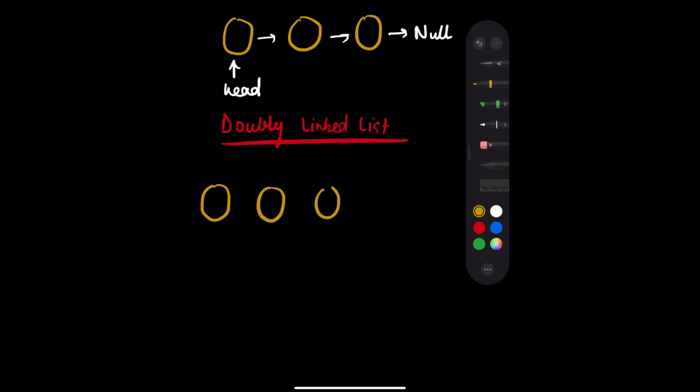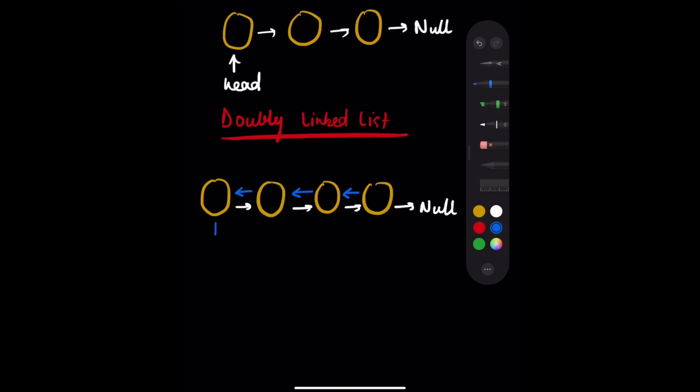There are nodes in the list. Each node points to the next node, and the last node points to null. At the same time, each node stores a reference to the previous node as well. So the last node will point to the second last node, the second last to the third last, and similarly so on. In this list as well, we store the pointer to the first node, which is referred to as the head.